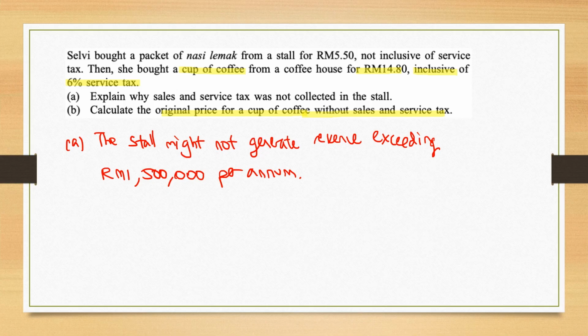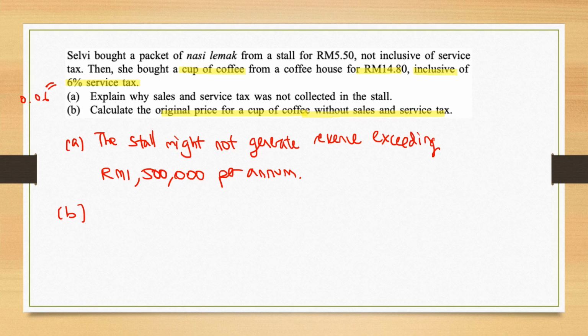Now part B is unique, because we want to find the original price before the 6% service tax, before 14 ringgit 80 cents. So 6% is equal to 0.06.